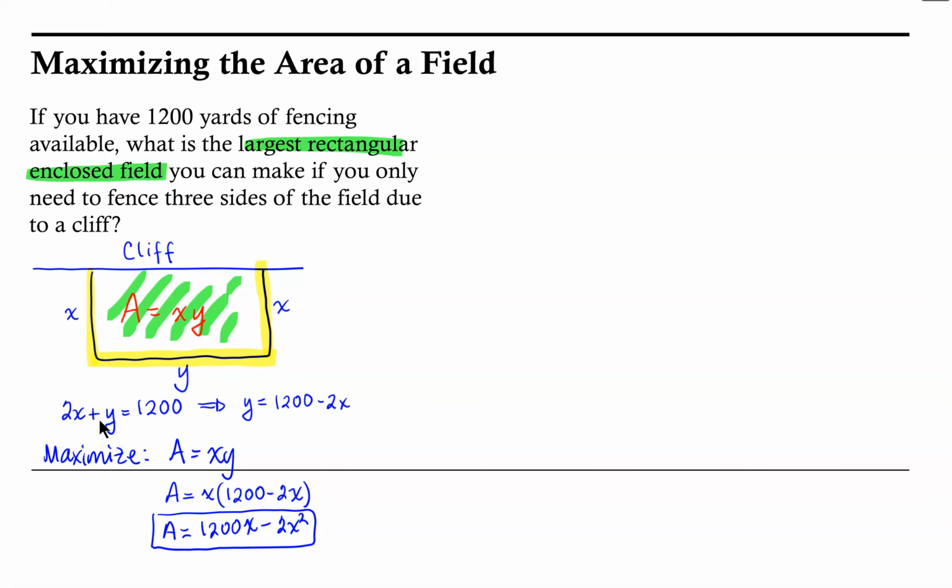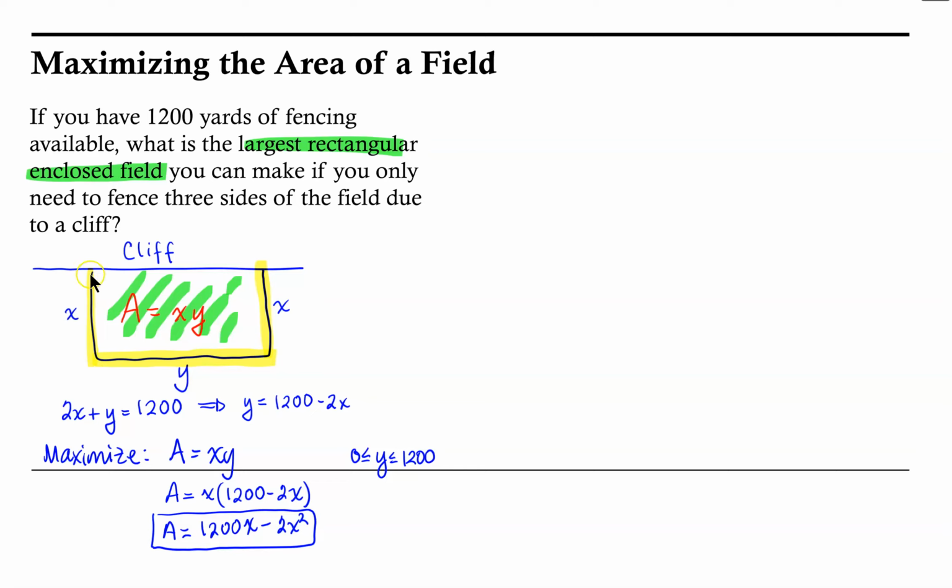Now, before we do that, let's think carefully about any constraints in terms of domain. So if we have 1,200 yards of fencing, I could have the side labeled y be all 1,200 yards, or some smaller portion of that. So it's possible that y could be anywhere between 0 and 1,200.